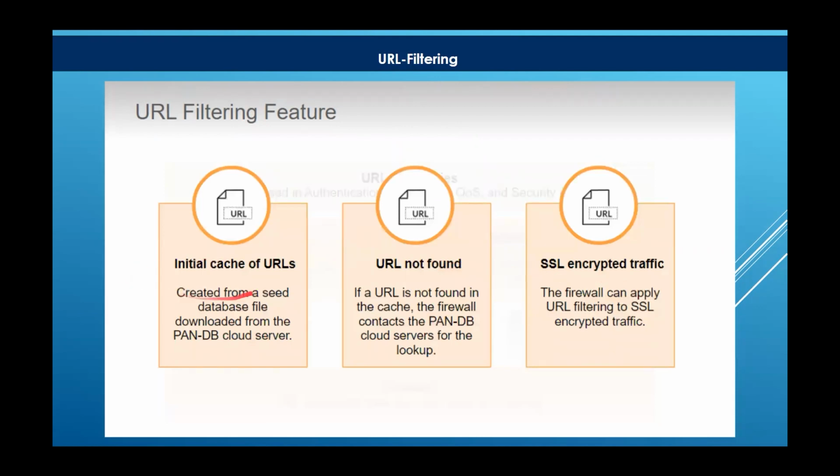So basically, how does the URL filter work? On the Palo Alto side, we have one complete database. In that database, they define which category your website belongs to, right?